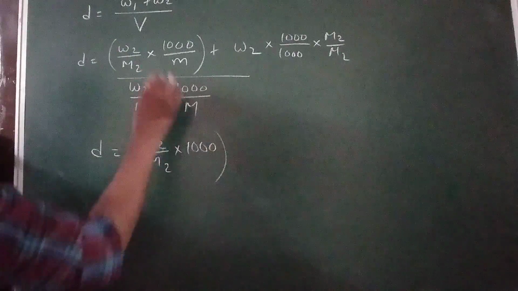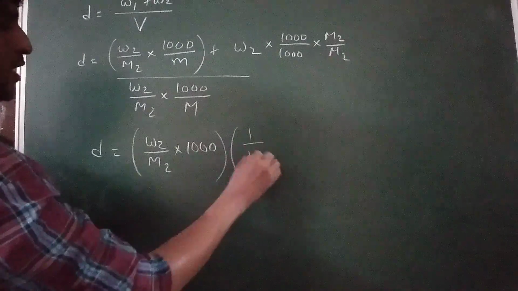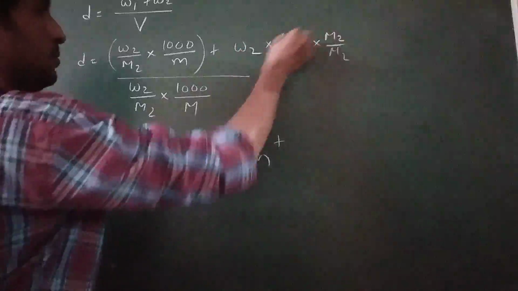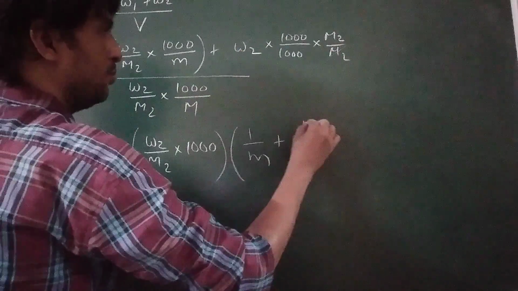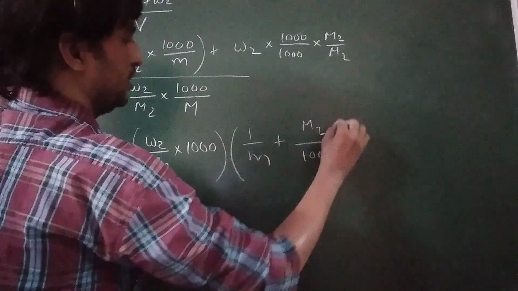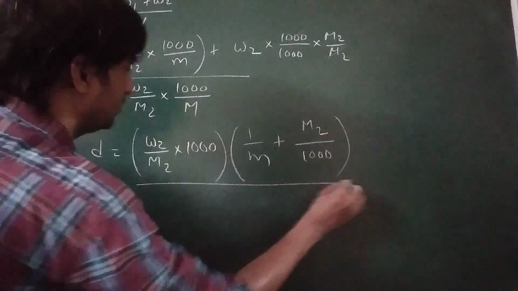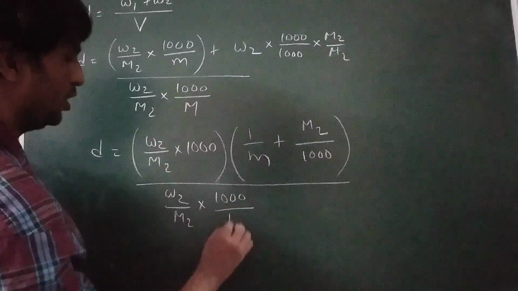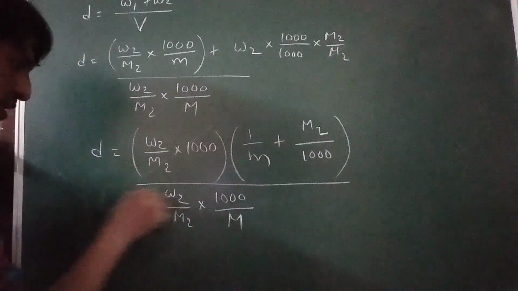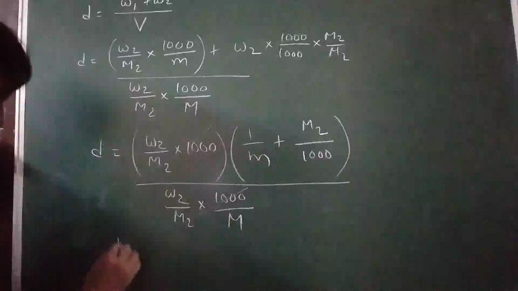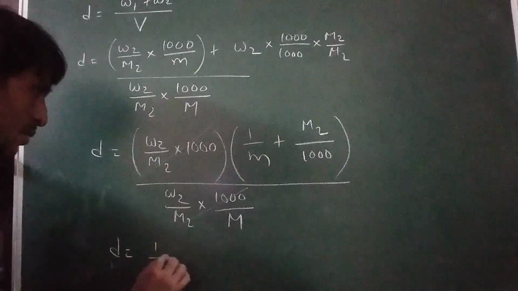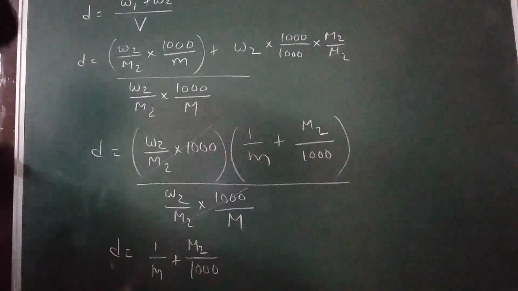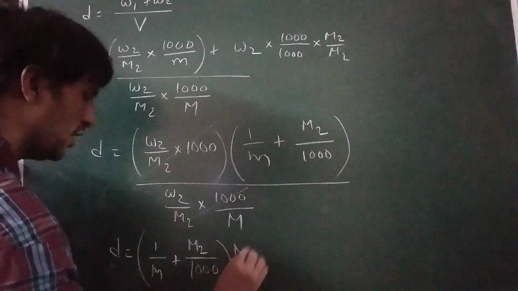If we take this value common, here we get 1 by molality plus, these are cancelled, M2 by 1000 by W2 by M2 into 1000 by molarity. This value cancels. Then we get density is equal to 1 by molality plus M2 by 1000 into molarity.